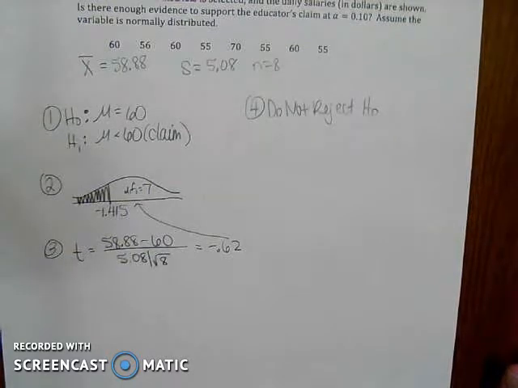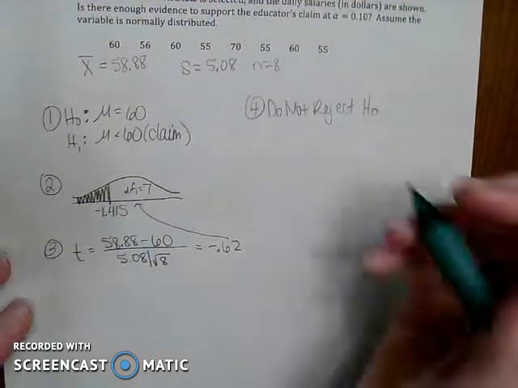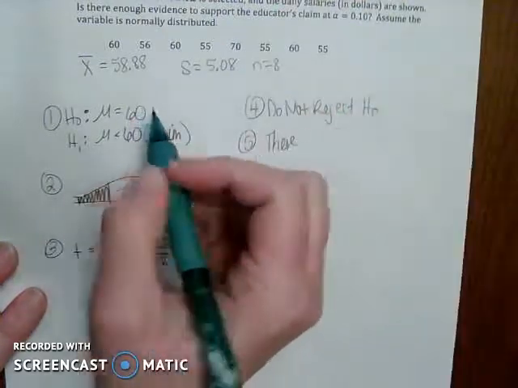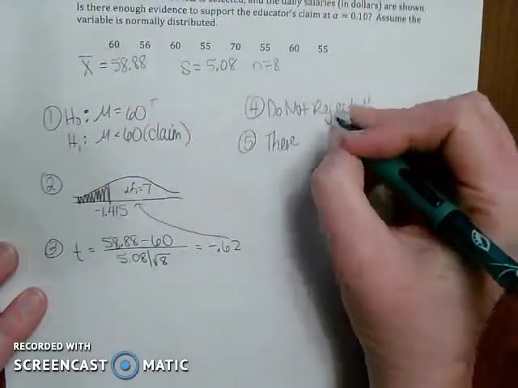So again, even though our calculations showed it is less than 60, it's not significantly different. Okay, so that's why even though, yes, our 8 people showed that it was less, statistically it is not significant enough. So step 5, there is not enough evidence. So we're not rejecting this, meaning we think it's true.